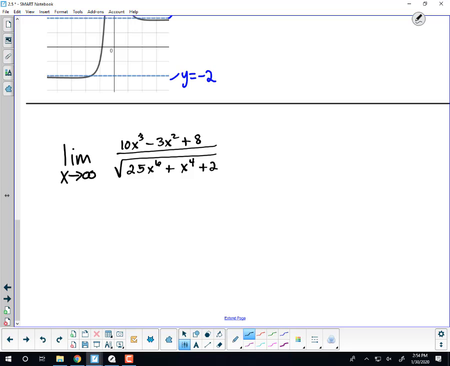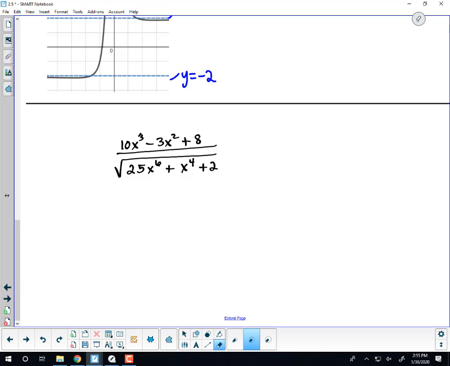We would say, okay, well, we've got to figure out what's the highest power in the denominator on x. X to the 6th. So does that mean we divide everything by x to the 6th? No, why not? Because it's under the radical, right? The top doesn't have a radical.